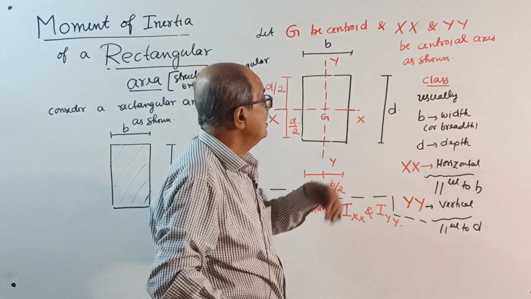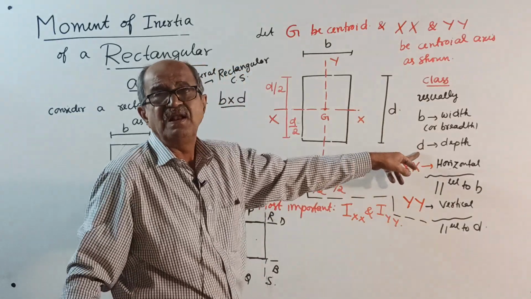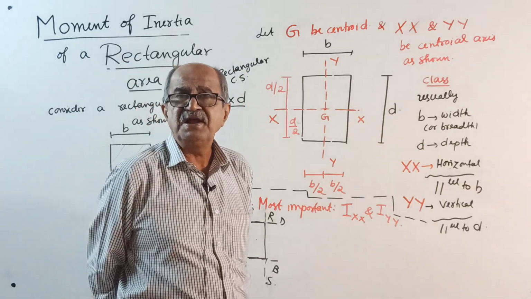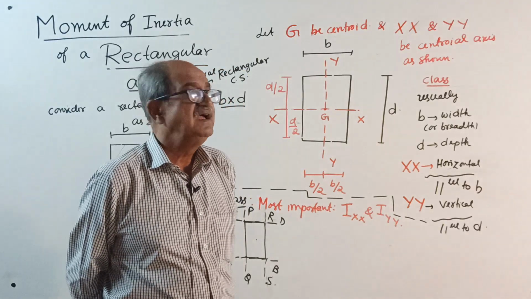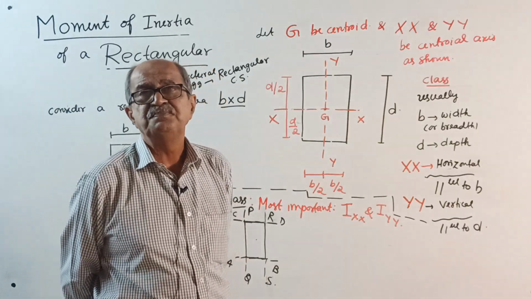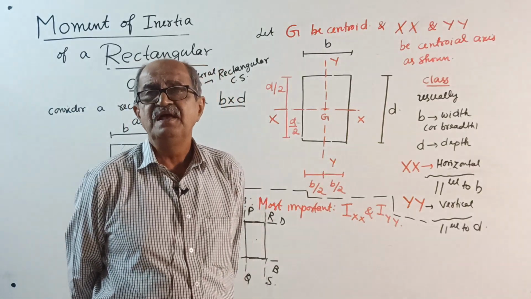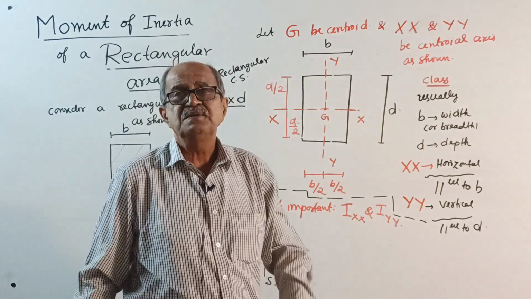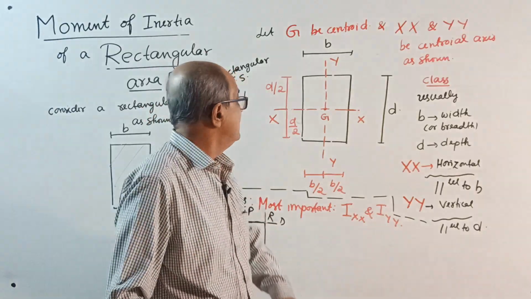There is a general, simple-language B by D. I will use later the words structural B and structural D. Structural B is always parallel to the axis of bending. Structural D is always perpendicular to the axis of bending.